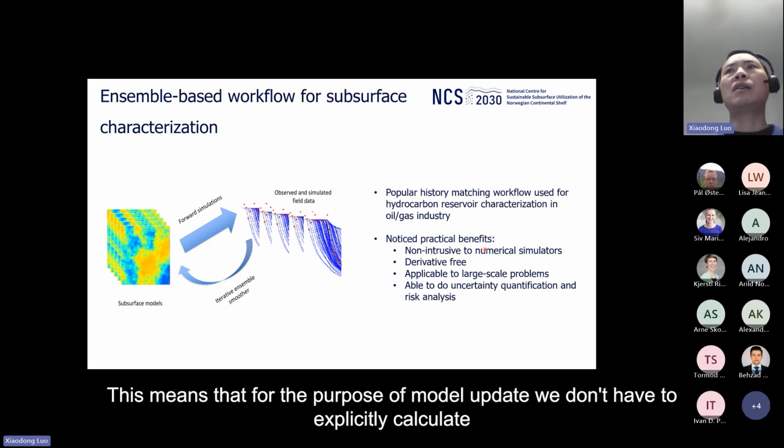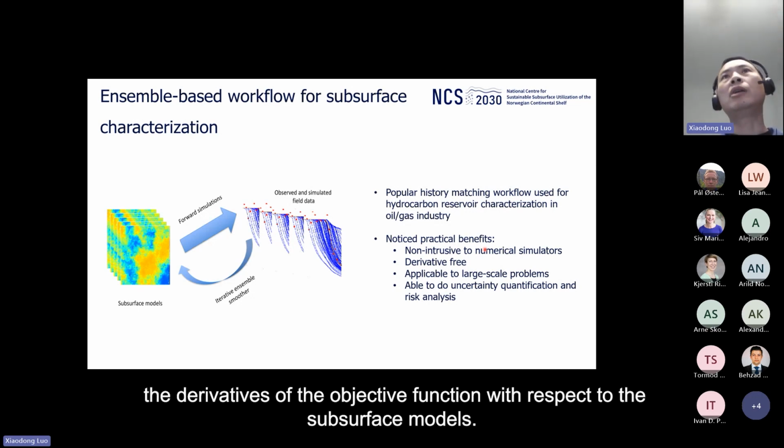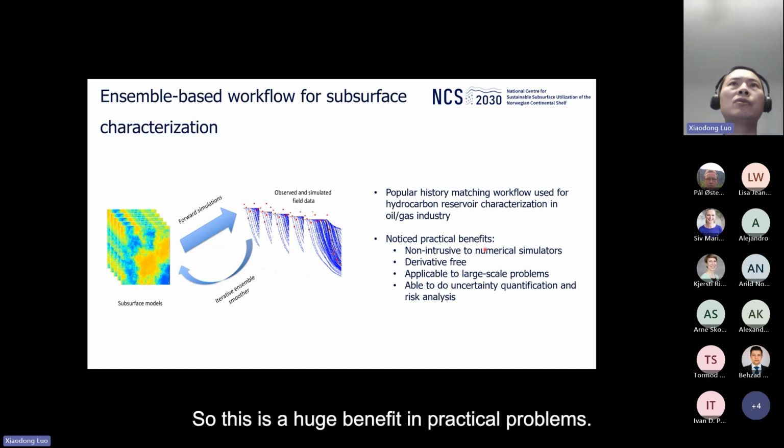This means that for the purpose of model update, we don't have to explicitly calculate the derivatives of the objective function with respect to the subsurface models. This is a huge benefit in practical problems.